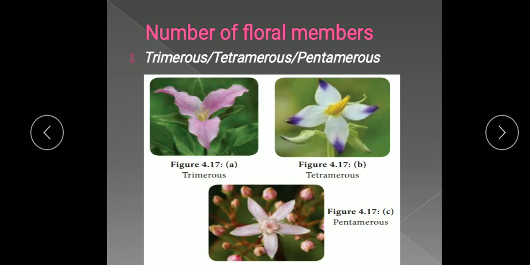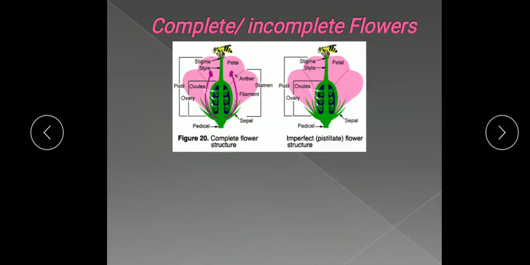Now we'll again see the classification of flowers on the basis of the whorls present in them, meaning the essential and non-essential whorls we have studied in the flower. Flowers are said to be bisexual or complete flowers when they have both androecium and gynoecium, or we can call it a perfect flower also.